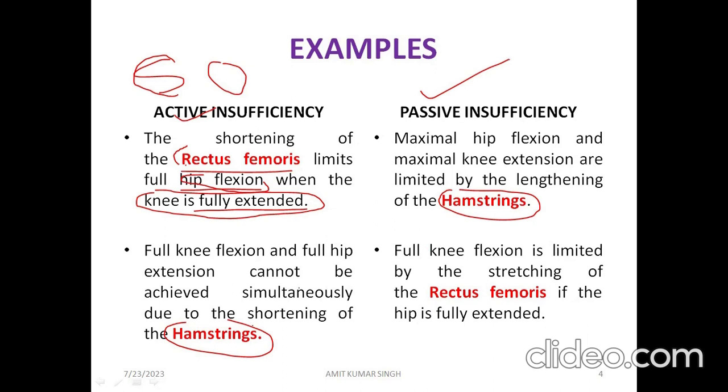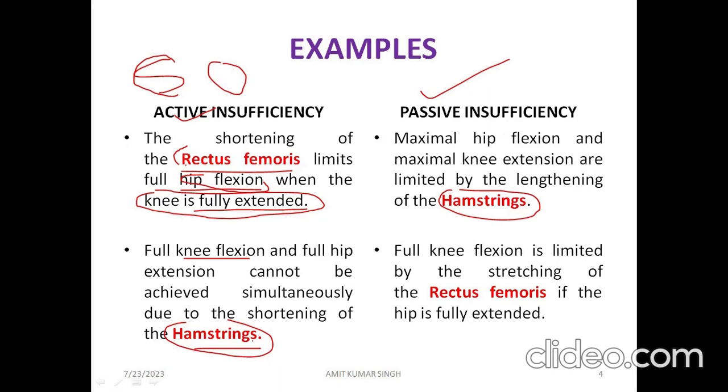Let's take it another way. Let's make hamstring active and rectus passive. So full knee flexion and full hip extension cannot be achieved simultaneously due to shortening of the hamstring muscle. For example, I am making a subject stand in an erect position, and the person is trying to do extension of the hip.